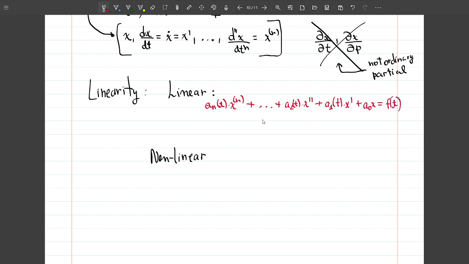When we are talking about linear differential equations, there's a difference. If f(t) is the null function, then we say the linear equation is homogeneous. And if it's different from zero, it is a non-homogeneous equation.